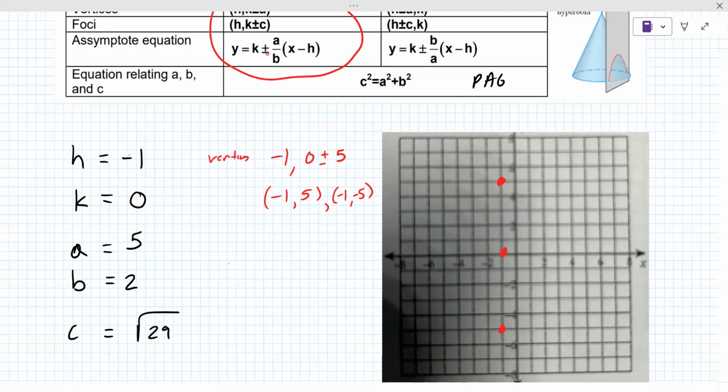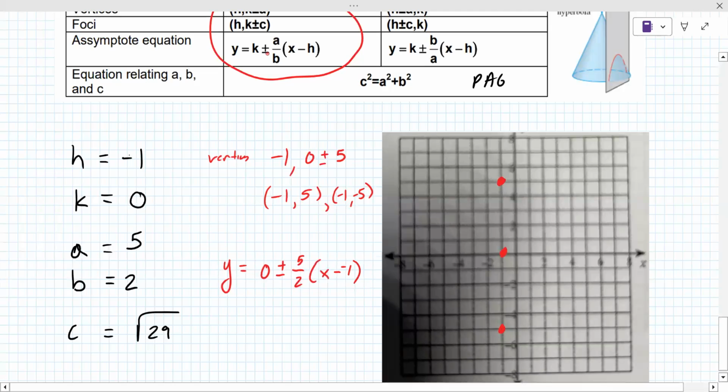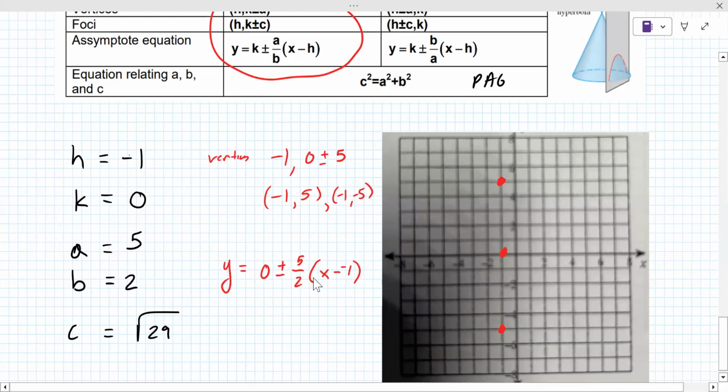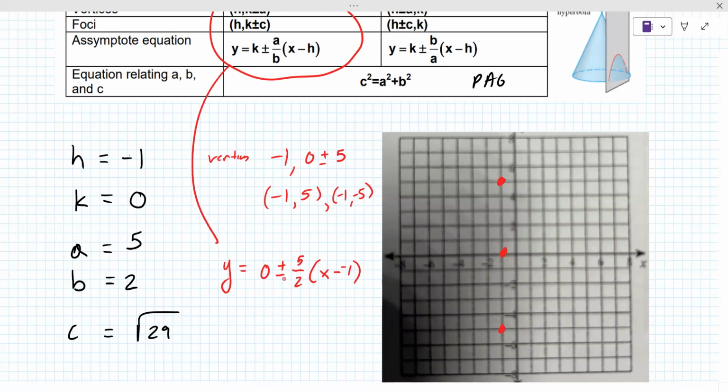The asymptote equation is y equals 0 plus minus 5 over 2 times x minus a -1. So I'm using this asymptote equation here, putting the values in for that. So this is 5/2 x plus 1.